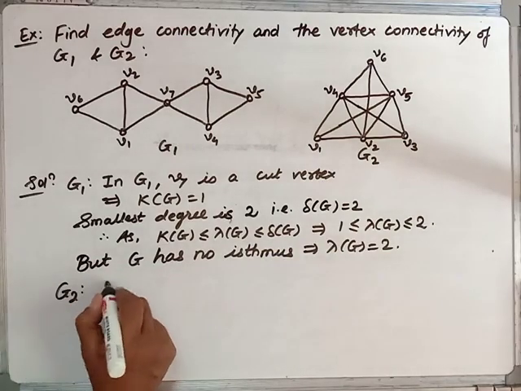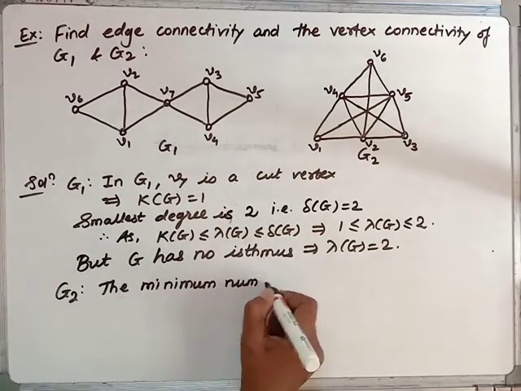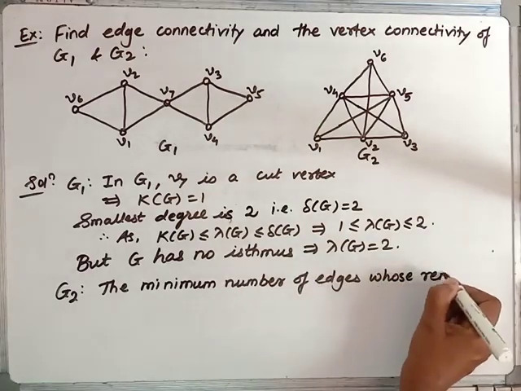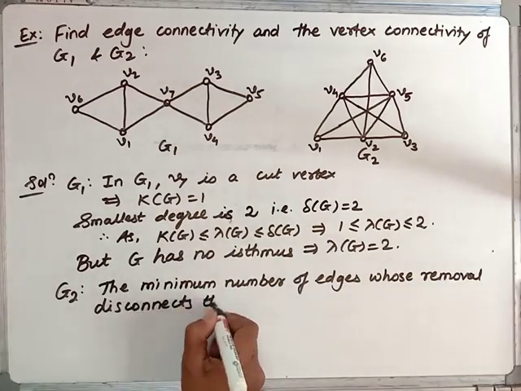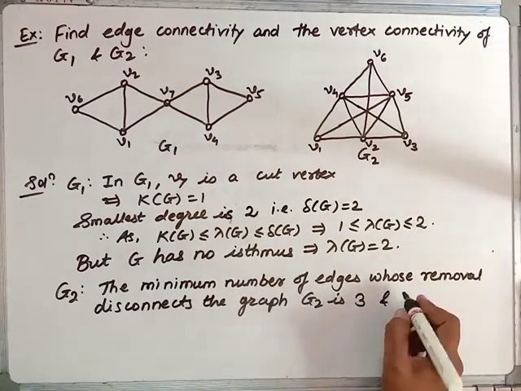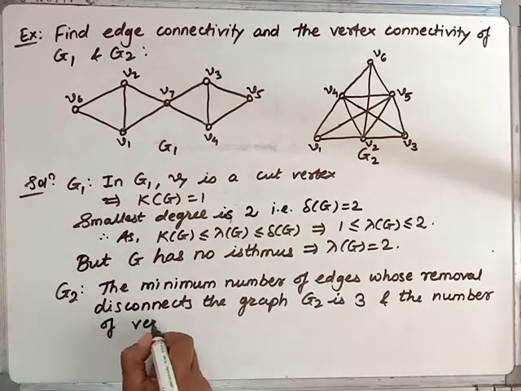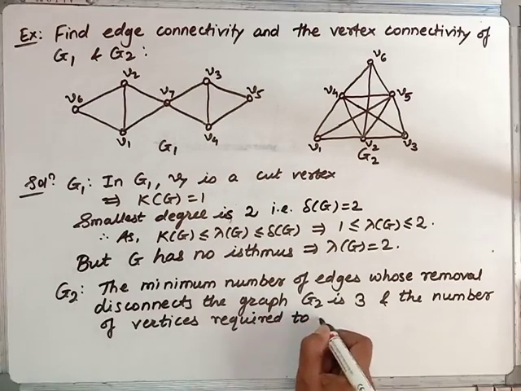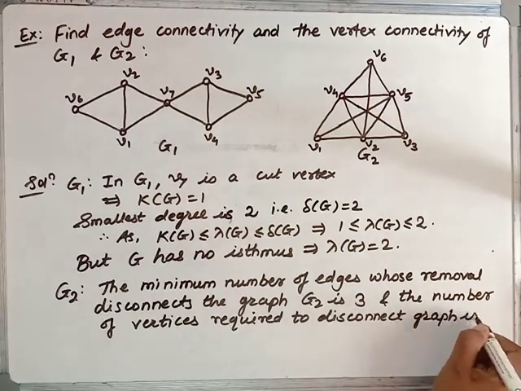Then for G2, the minimum number of edges whose removal disconnects the graph G2 is how much? 3, and the number of vertices required to disconnect the graph is also what? 3.